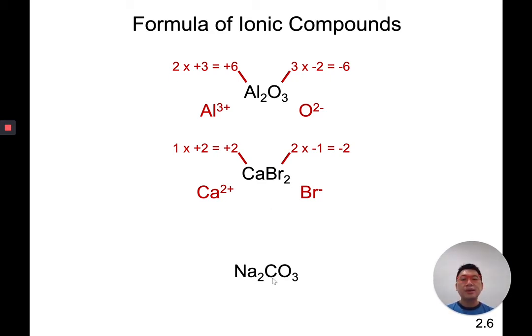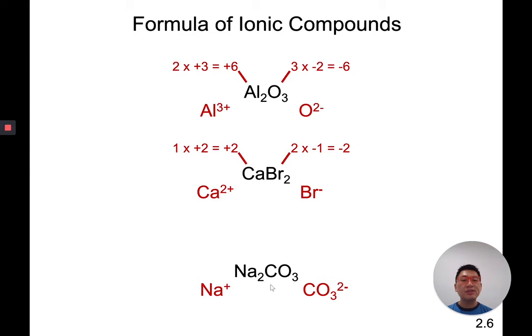Okay, another one. This is called sodium carbonate. Sodium is +1 if you look on the table. CO3, don't actually look up. I'm not even sure carbon's on the table. It's one of those special polyatomic ions, one of those 20-something special molecules. It's called carbonate ion. The charge of the entire CO3 is a -2 charge.